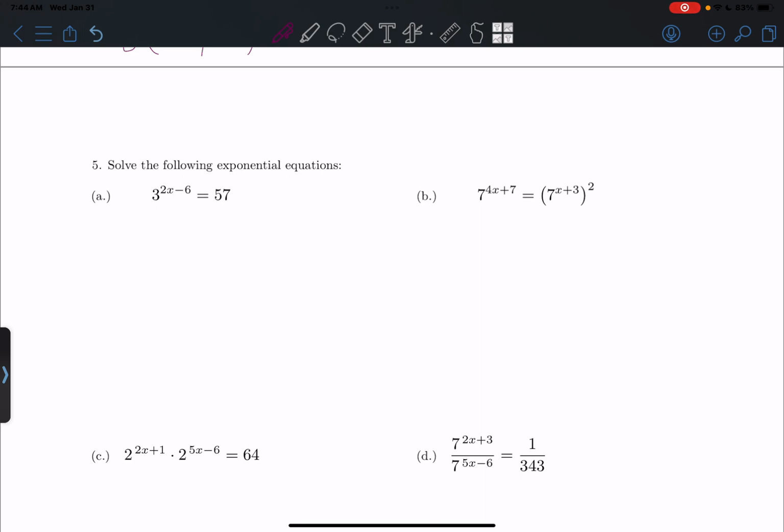So here, we realize 57 is not any sort of well-known power of 3. So we've got to do ln on both sides. Okay. From here, this allows me to take that exponent, move it out to the front.